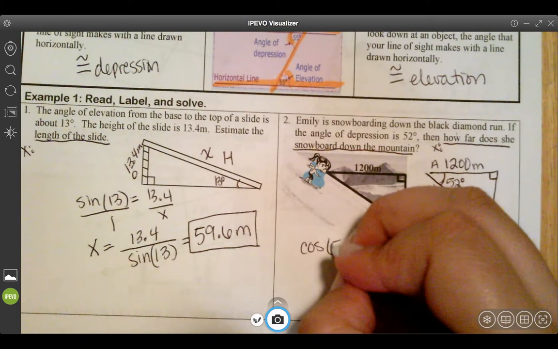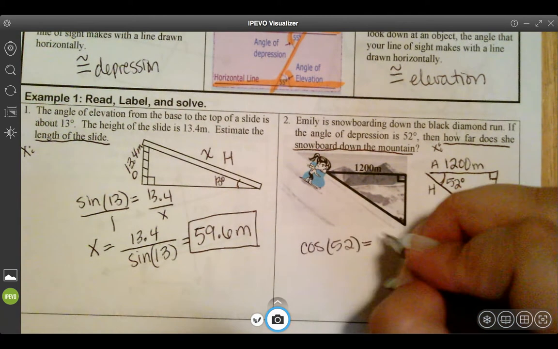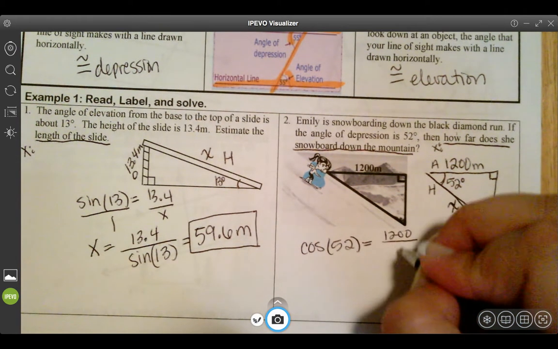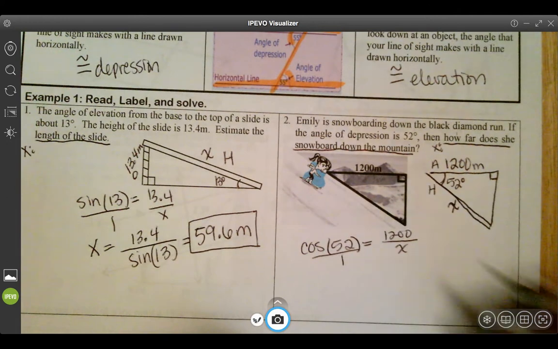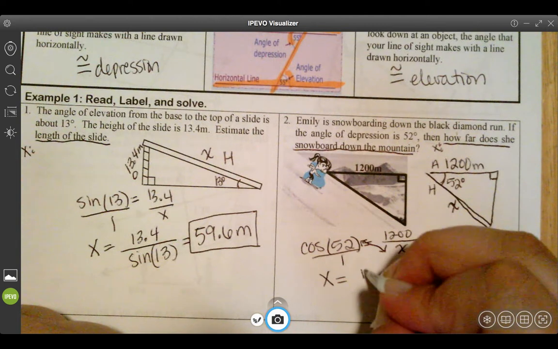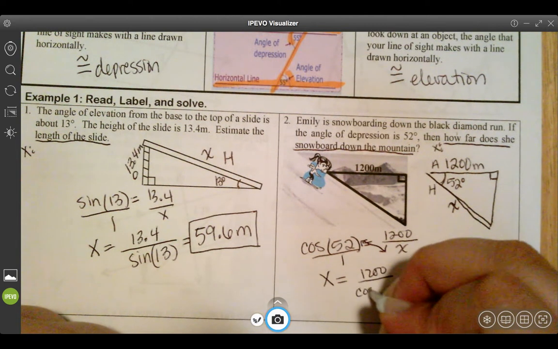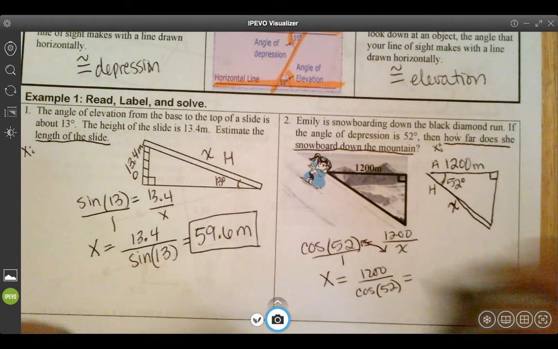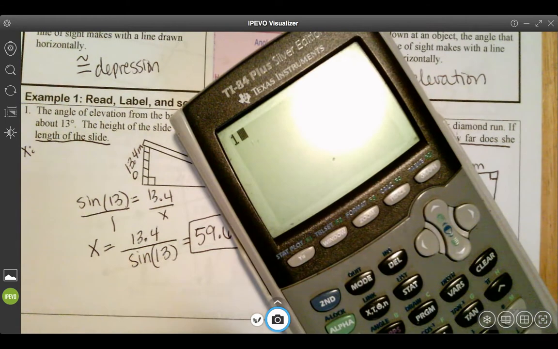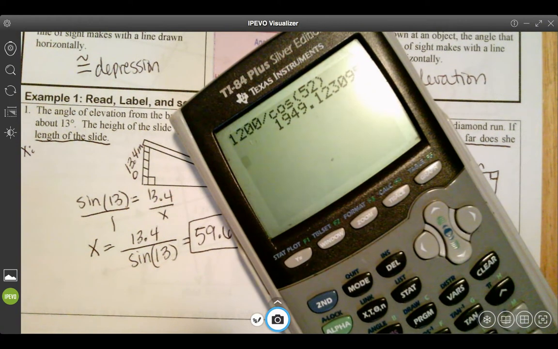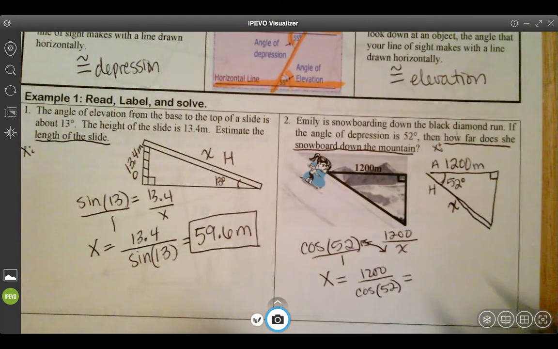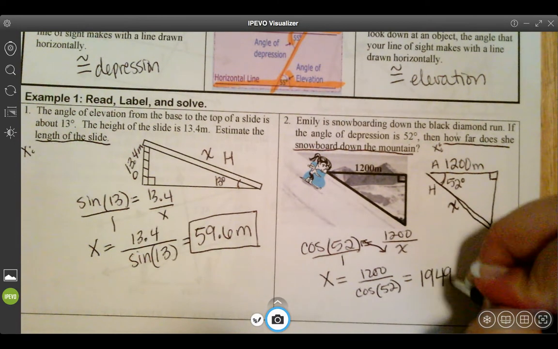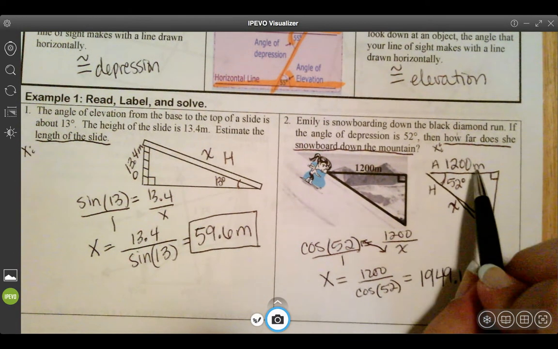Cosine of 52 degrees equals adjacent, 1,200, over hypotenuse, which is X. Using our proportion trick, which is switching these two, X equals 1,200 over cosine of 52. 1,200 divided by cosine of 52 is 1,949.1. Units are in meters.